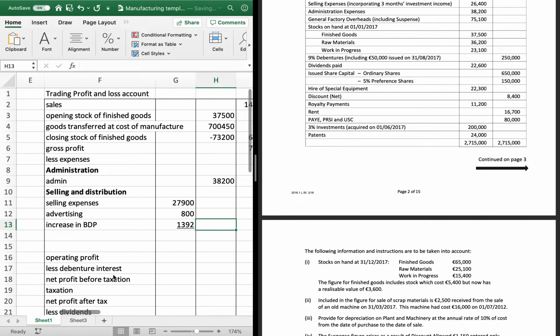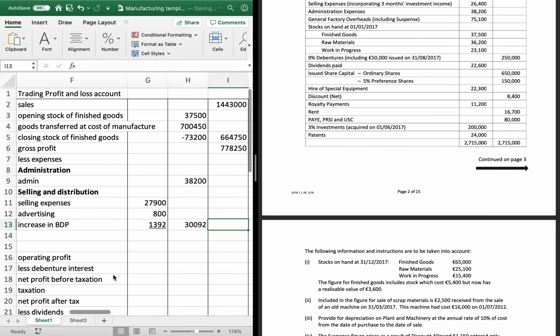Okay, so I'm going to take a chance and assume that that's all that we have. I'll go back and check the main part of the question in a second. So those expenses get taken away. Okay, so 68,292 needs to get taken away from our gross profit.